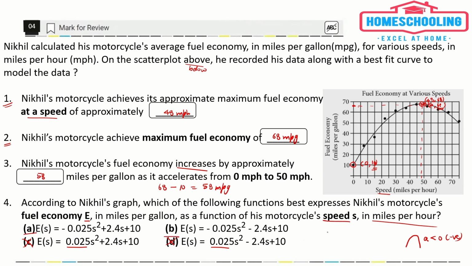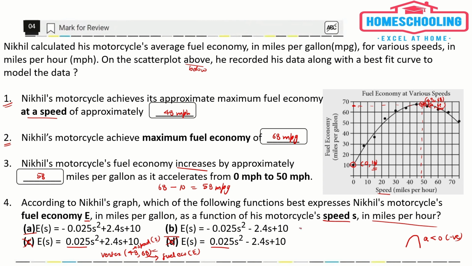So we already know the vertex. The vertex was 48 and 68. So 48 is our speed S, and 68 is our fuel economy E. Now what we're going to do here is put the value of S in both the equations, and find in which of these two equations we get fuel economy E as 68.